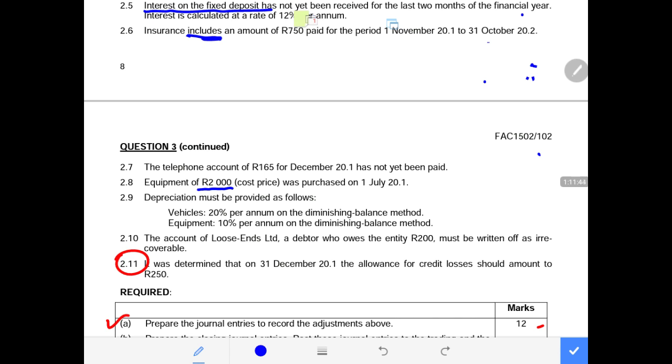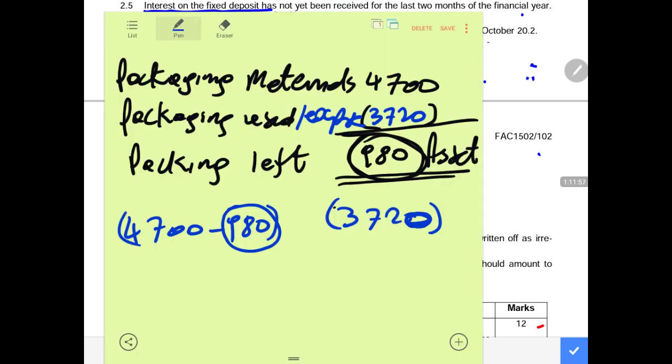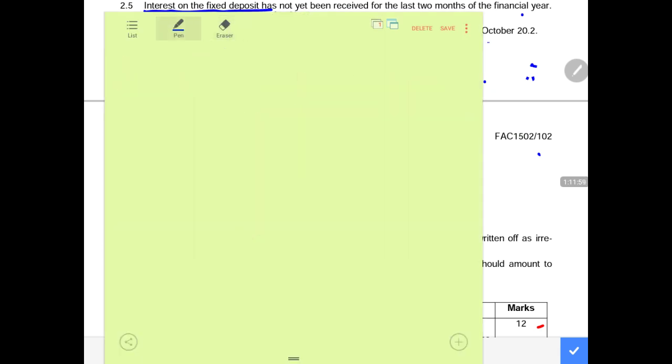Now it says depreciation must be provided as follows. We have depreciation for vehicles at 20% per annum on the diminishing balance method. Remember, the diminishing balance method says cost minus accumulated depreciation. So now we are calculating depreciation on vehicles. Remember, vehicles have been in the business for longer than we know.